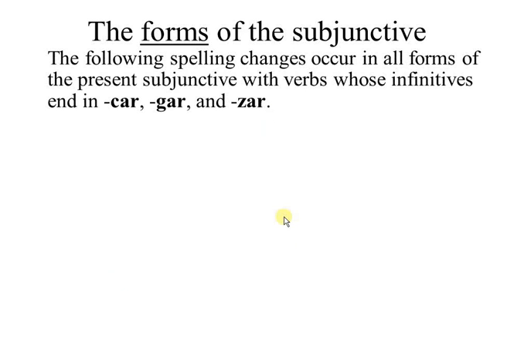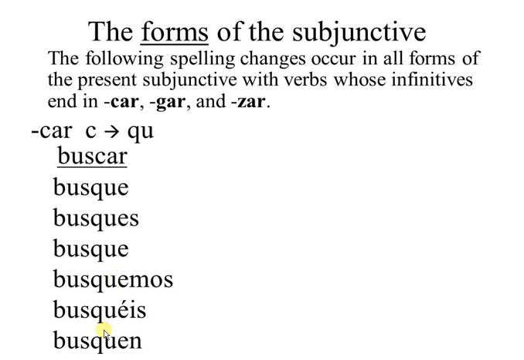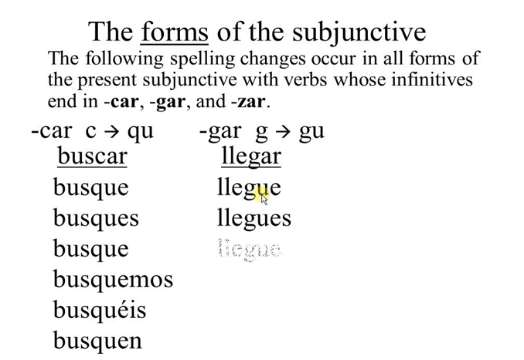Sirváis, sirvan. The following spelling changes occur in all forms of the present subjunctive with verbs whose infinitives end in CAR, GAR, and ZAR. Here we come again. Same concept that you learned before. Busque, busques, busque, busquemos, busquen. Now remember, if you keep the C, you are saying busse. So you need to change all forms since you have the vowel E here. GAR, you change G to GU.